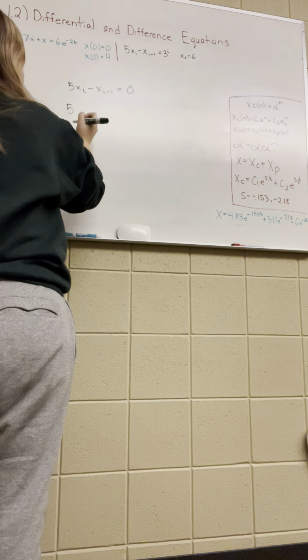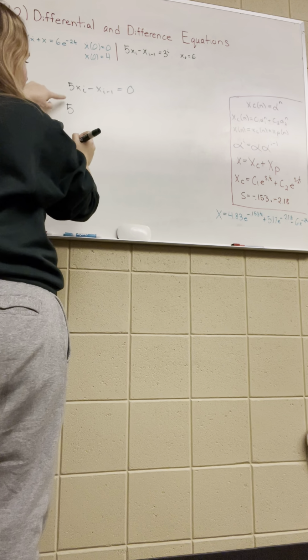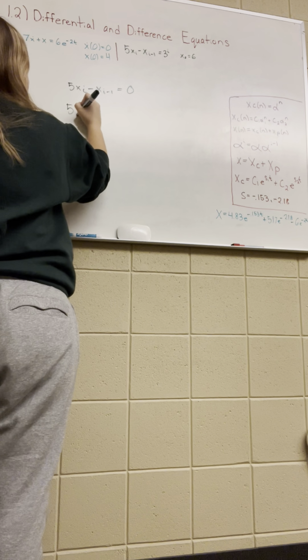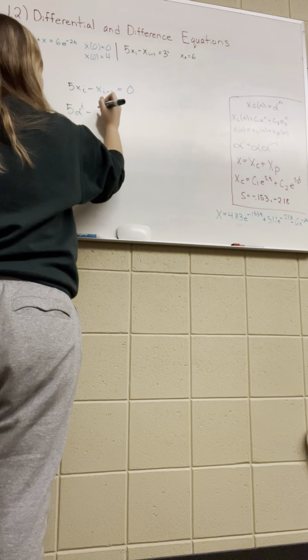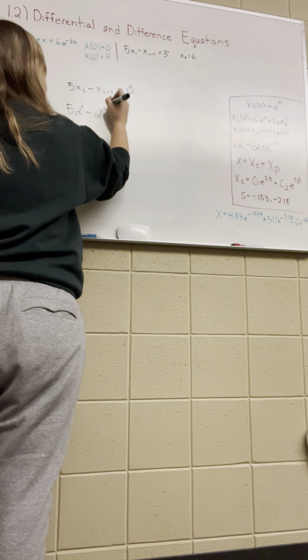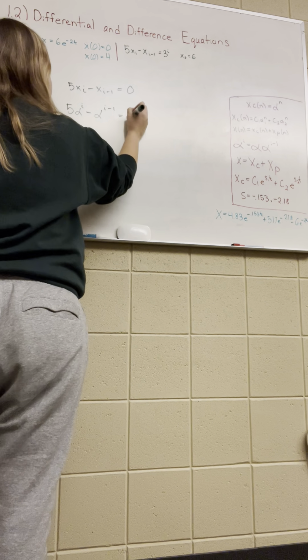So we will change this to alpha, and then it's 5, and instead of x, it goes to alpha, and then the i goes up here. And then same thing, alpha to the i minus 1 equals 0.